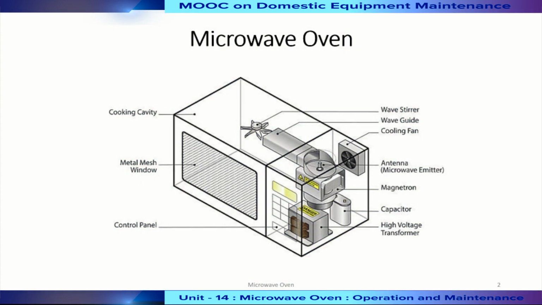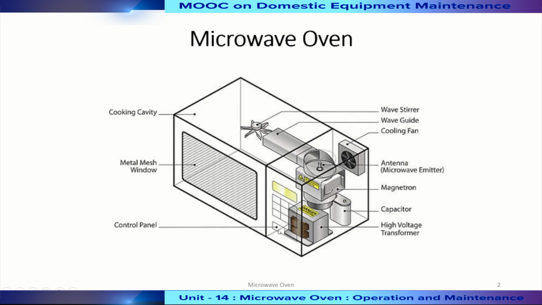A microwave oven consists typically of the components which are shown in this figure. It has a cooking cavity inside which the things to be cooked or heated up are placed. The metal mesh window is a part of the door which can be opened.